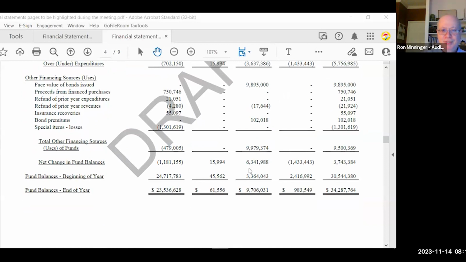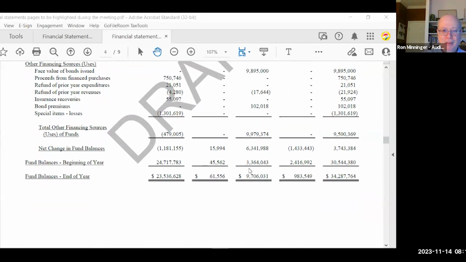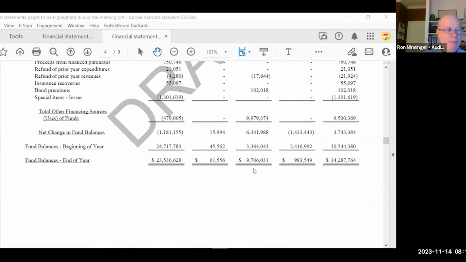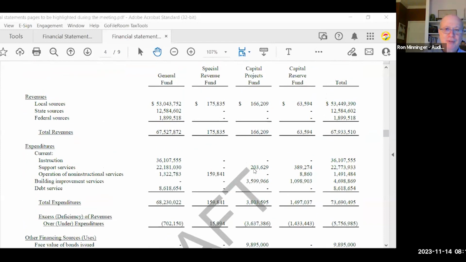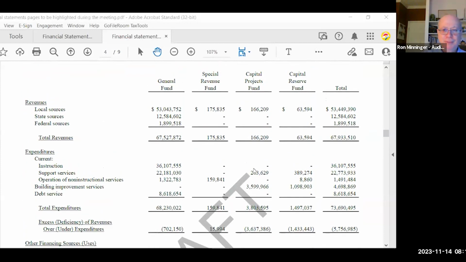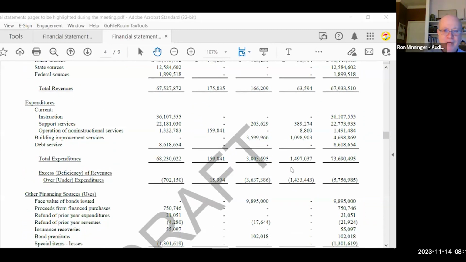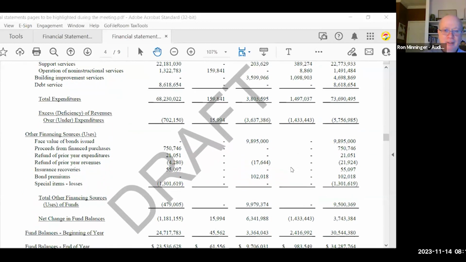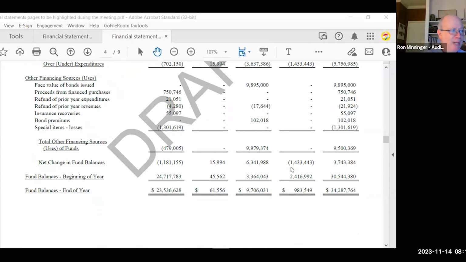That left an increase of $6 million for the year and an ending fund balance of $9.7 million. So the capital reserve fund is funded by fund transfers from the general fund. And you can see that current year expenditures total $1.5 million and resulting in an ending fund balance of $983 million.